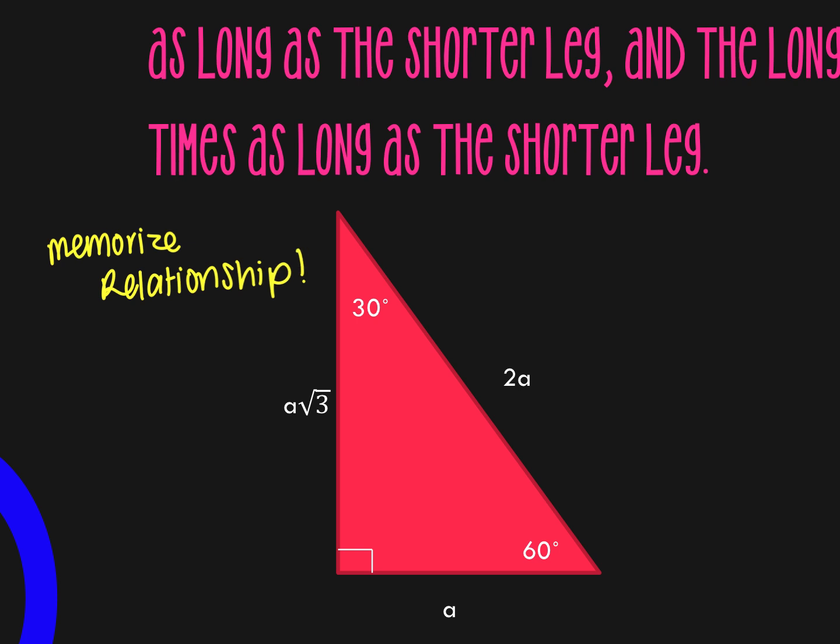Okay, you have to memorize it. So opposite of 30 is A. That's my smallest side with my smallest angle. Looking at the next one, opposite 60 is A radical 3.